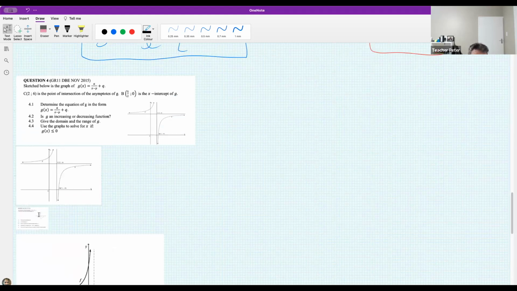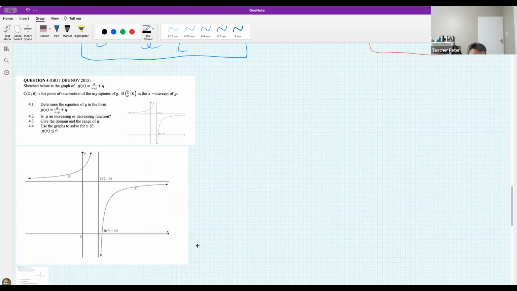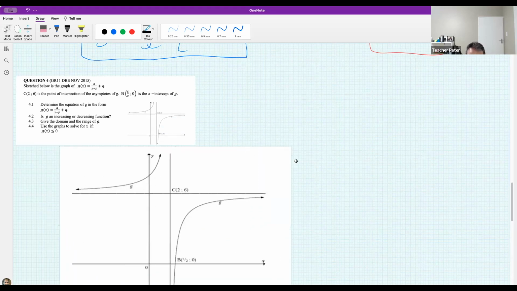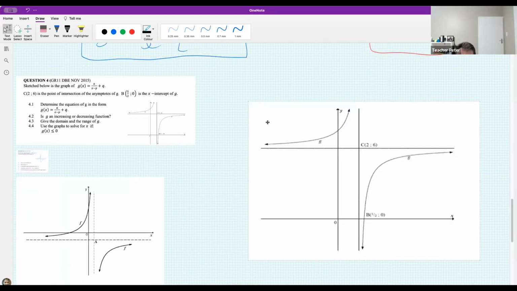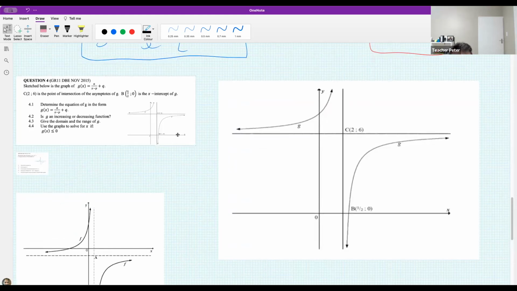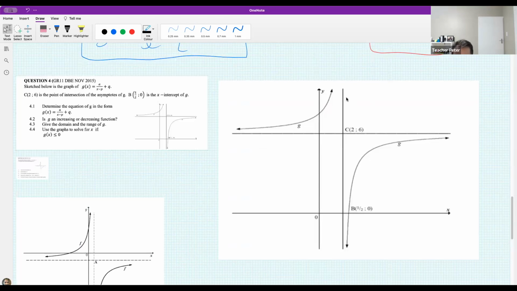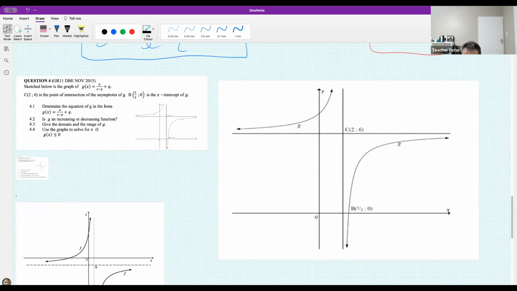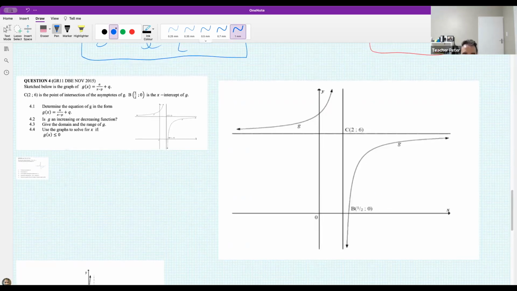So if we look at this hyperbola, let me just move it out so you can see it. It's rather large at the moment. Okay, so there is a hyperbola, and it comes from a past exam paper. Our goal is to find the equation of this hyperbola. Now, the first thing to realize is that it's a little bit confusing because the dotted lines don't look so dotted.